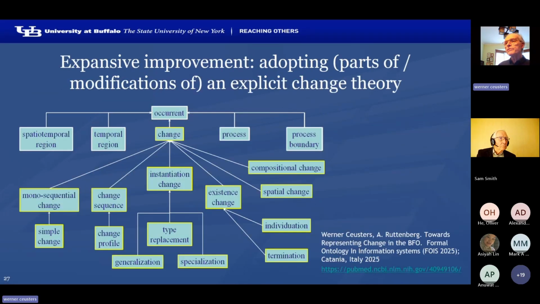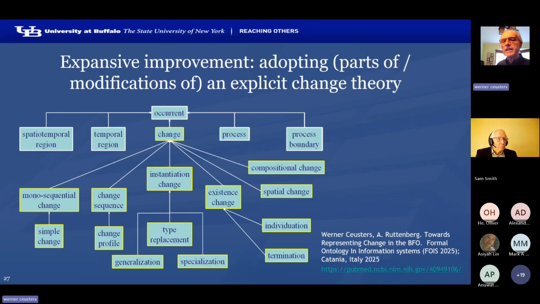Now, an expansive improvement would require some changes either to the BFO or adopting an extension. And here is an extension that Alan and I have been working on over the past year and that we presented at Formal Ontology and Information Systems a couple of months ago.